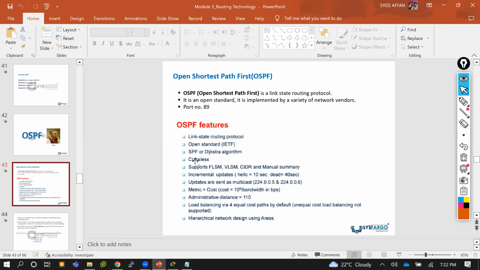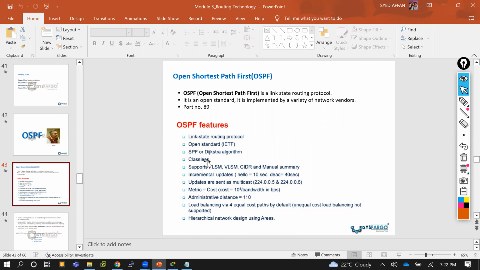Now, this OSPF is a classless protocol. Classless means VLSM. If any protocol supports VLSM, that protocol also supports FLSM. Getting my point? You have a DVD player.